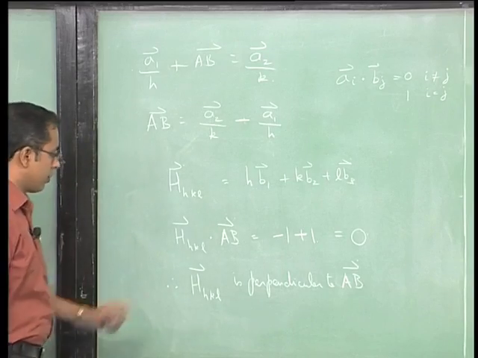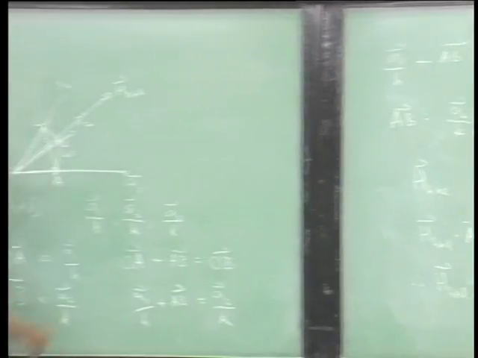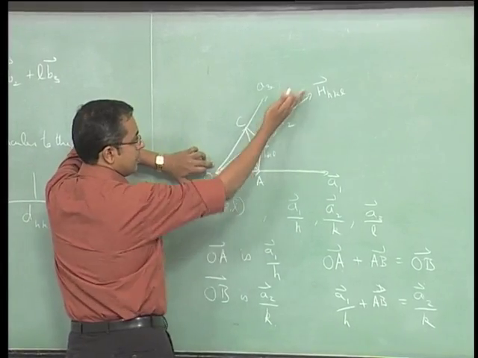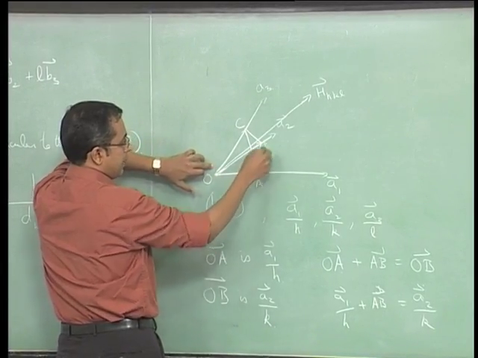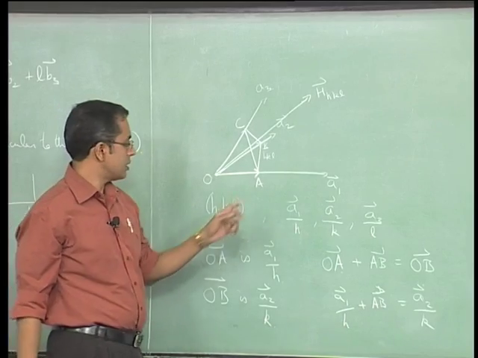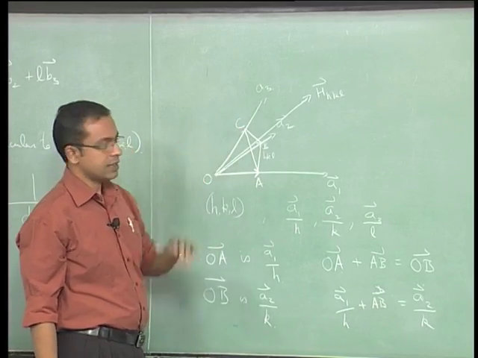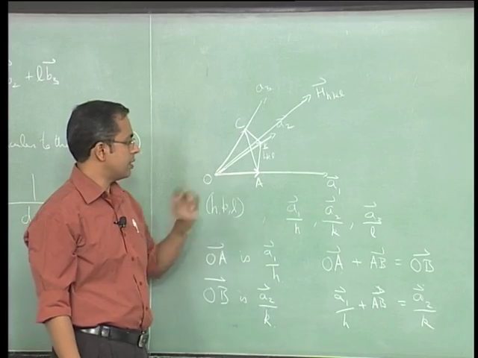If you go back to our figure, it means that this HHKL is perpendicular to this AB. So this AB is there, and the way this HHKL is defined, it is perpendicular to AB.